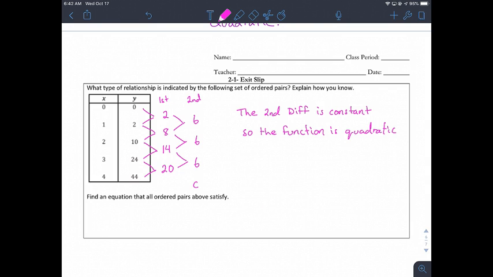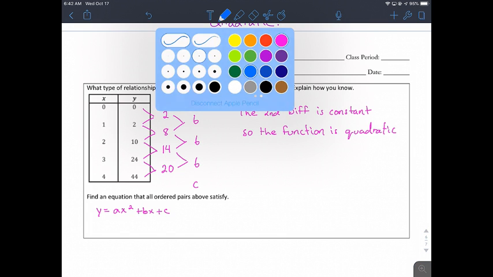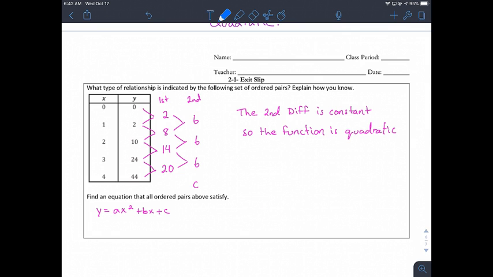And we know that our function should look like y is equal to ax squared plus bx plus c. So we know it's going to look like that. First step that I showed you in example 4 was to find the end value. In this case, the end value is c.